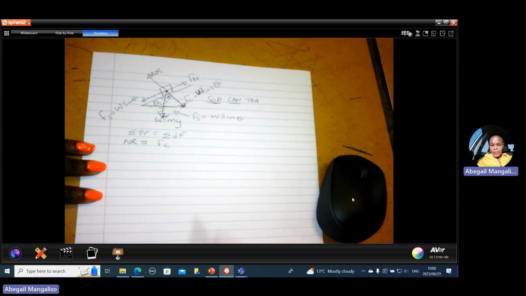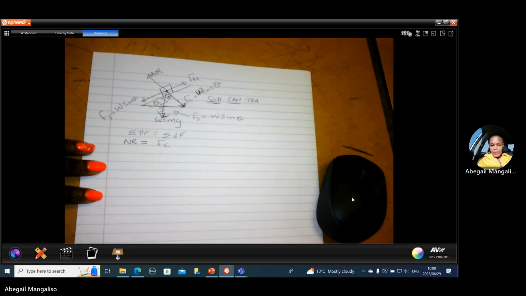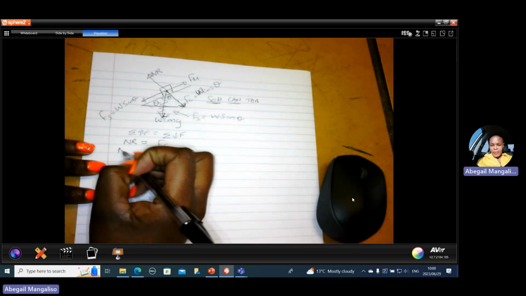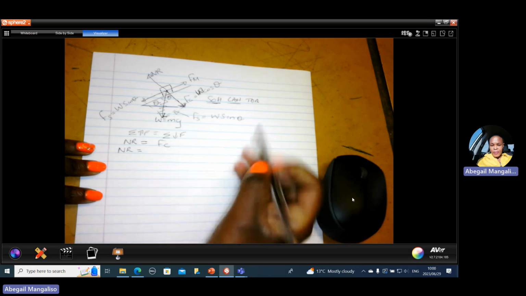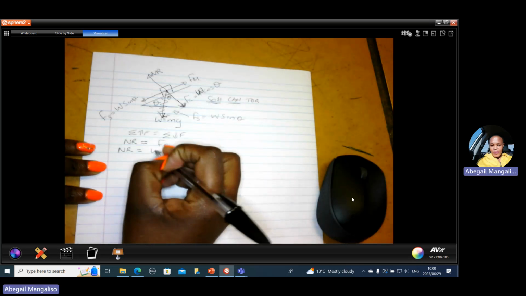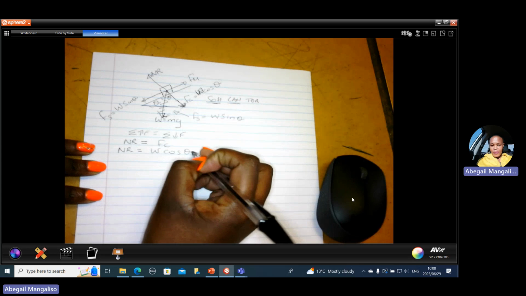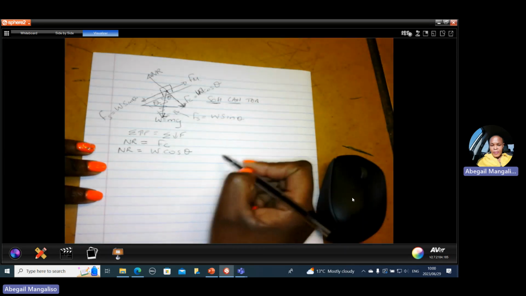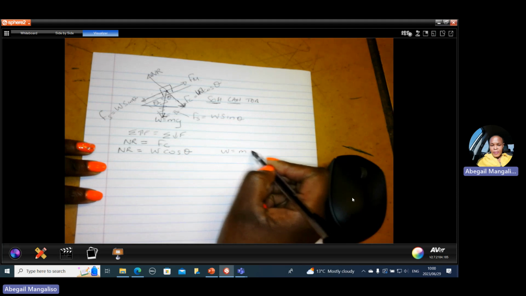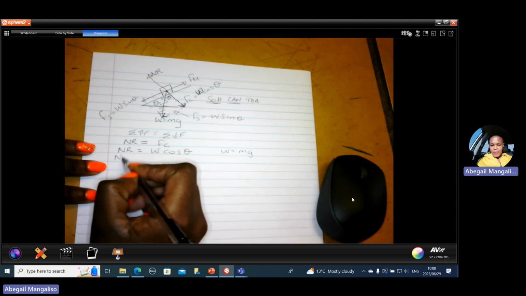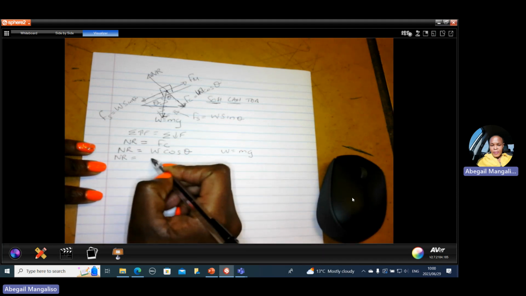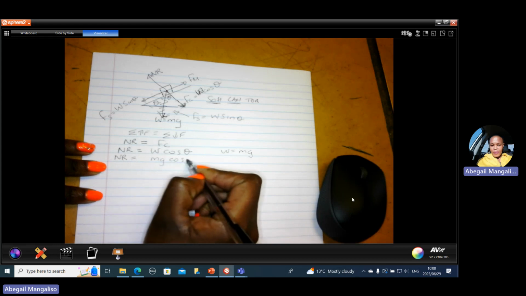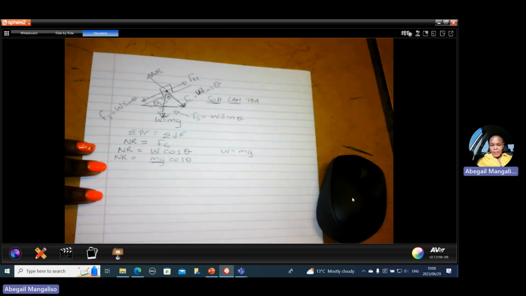So NR is equal to Fc, or Wc. So this NR will be equal to W cos theta. Now, in some questions, you are not given the weight, you are given the mass of the object. To change from mass to weight, W equals mg. That's why some textbooks have NR as mg cos theta, because W is equal to mg.